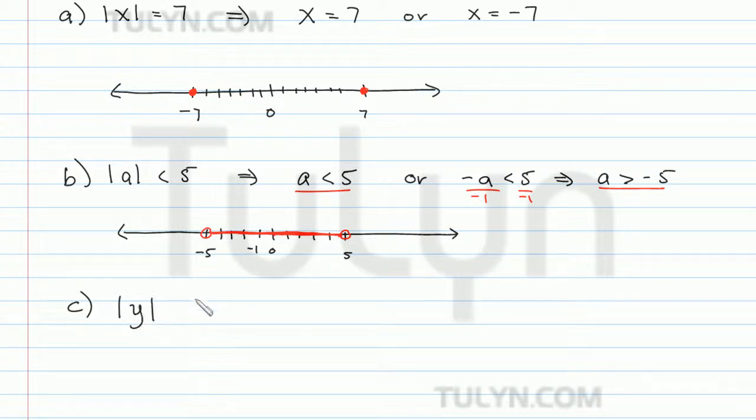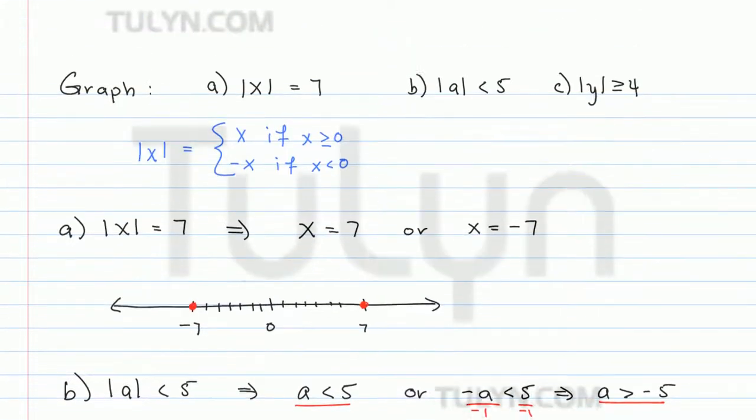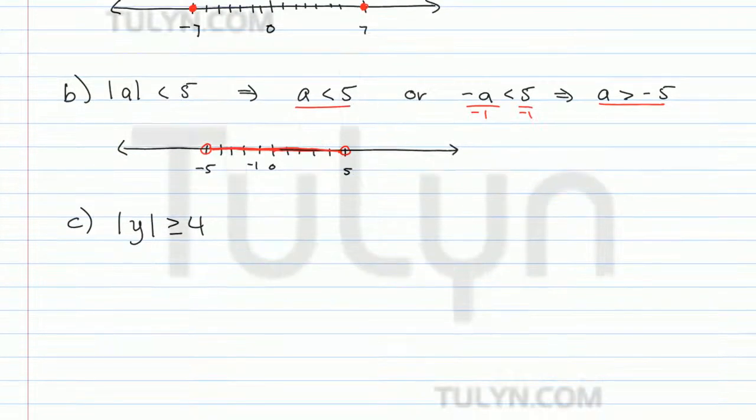Finally, part C, we want to evaluate y is greater than or equal to positive 4, right? So using the same trick, we know that y is greater than or equal to 4, or negative y is greater than or equal to 4.